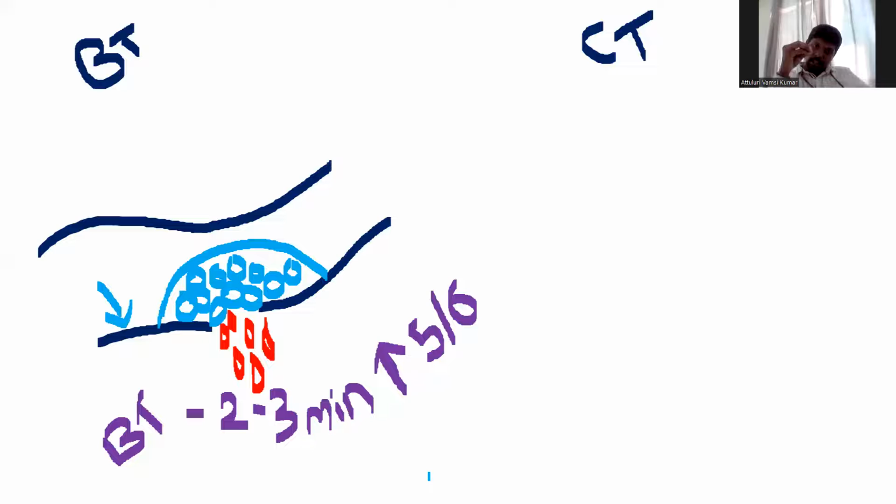So there are certain conditions where bleeding time will increase. Assessing the bleeding time will give us a picture of platelet activity and also associated activities. Like in some patients, the blood vessels are very thin and very fragile, so they are highly prone to bleeding. So all those conditions will be addressed by bleeding time.